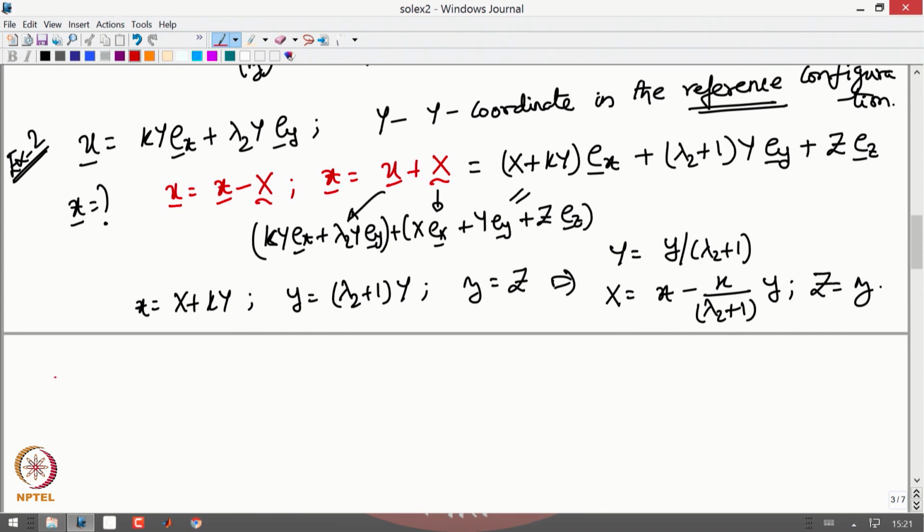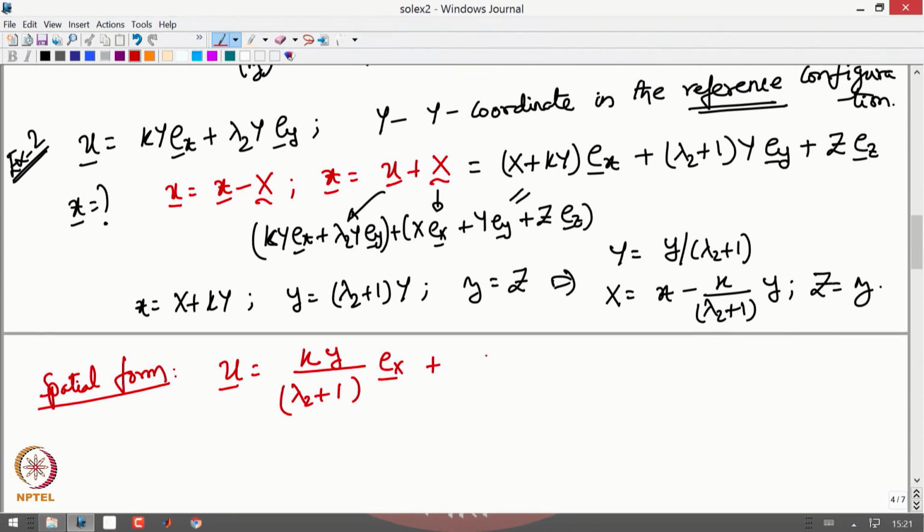In spatial form, u would be kappa y by lambda 2 plus 1 E x plus lambda 2 by lambda 2 plus 1 into small y E y, where I have substituted this equation for capital Y in this expression to get this equation.